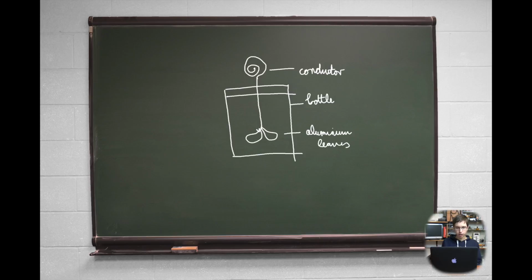Furthermore, we bend the conductor in the form of a spiral at the top so as to make it detect charge more efficiently. It functions in the next way.